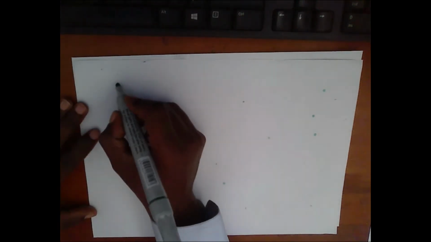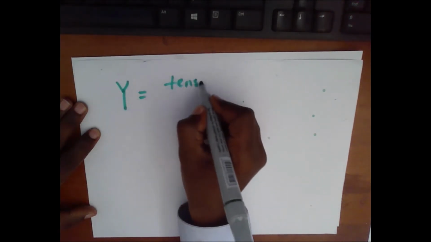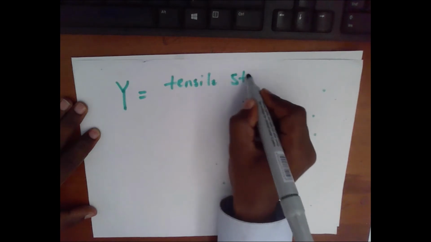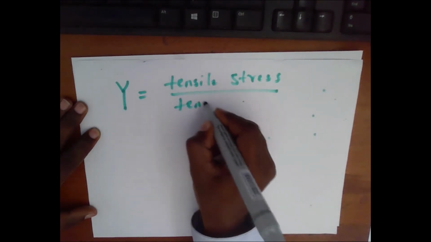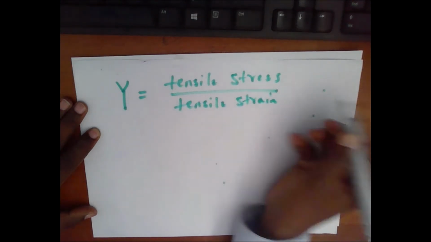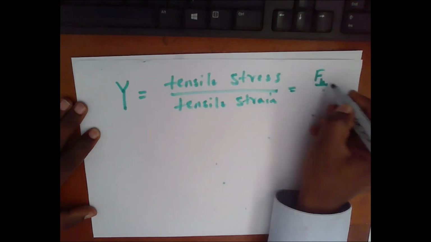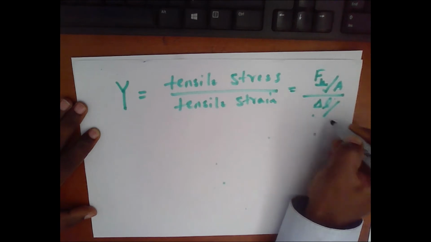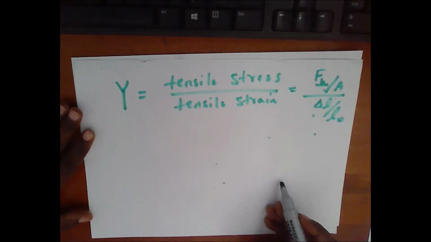We know that Young's modulus is equal to tensile stress over tensile strain, and this is equal to the force perpendicular divided by the area over change in length divided by the original length. So this is the formula.